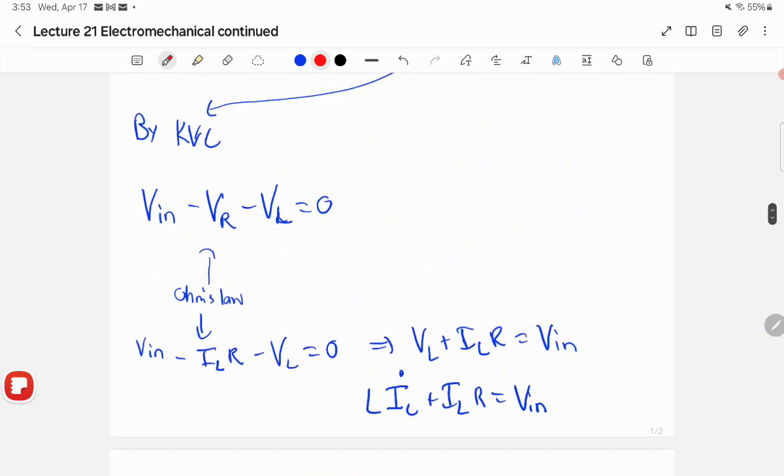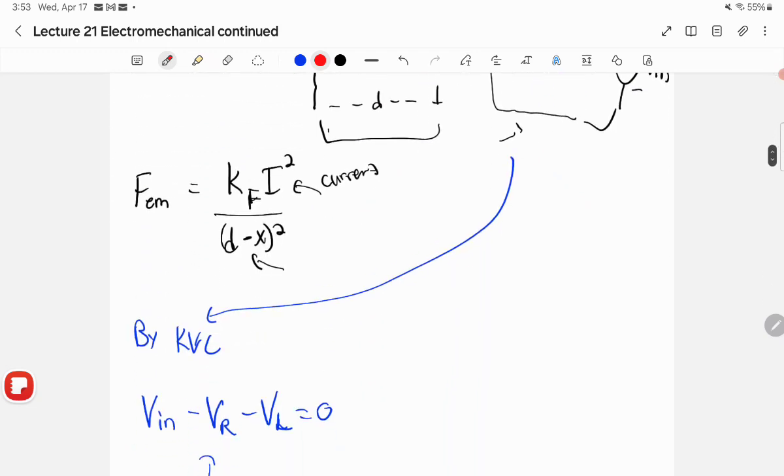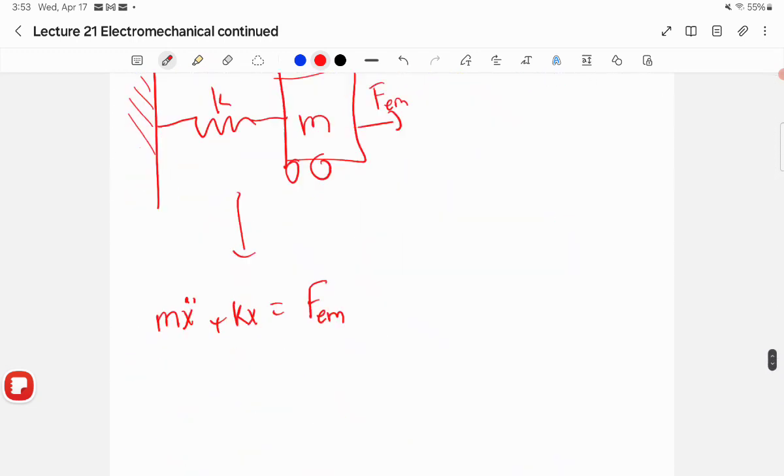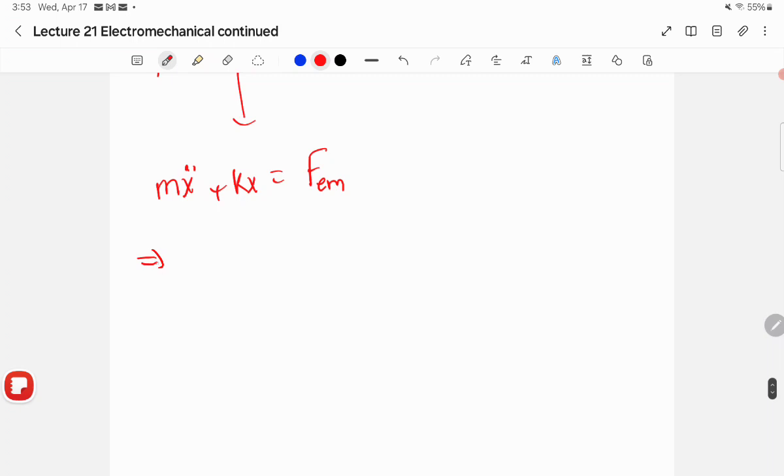But in this case, we are going to replace FEM with this k f i squared over d minus x squared, and this is going to be IL because that's the current we're dealing with here, over d minus x squared.